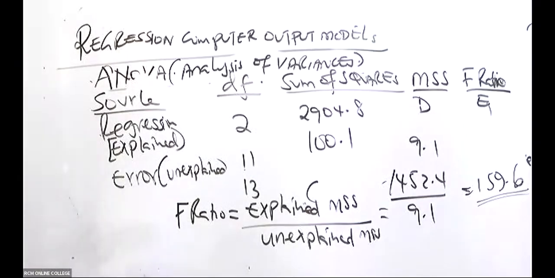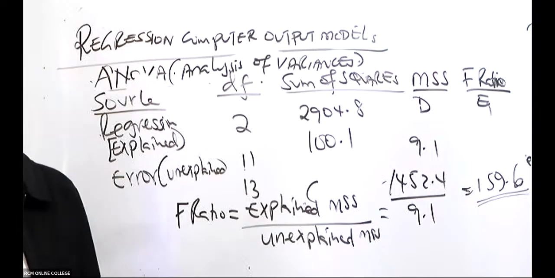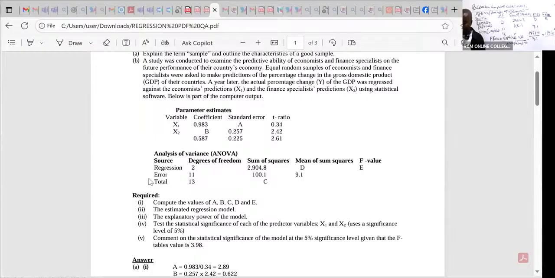Now, ladies and gentlemen, after you do that, we have finished part one, where they wanted us to compute the values of A, B, C, D, and E. Now we have done it very well.